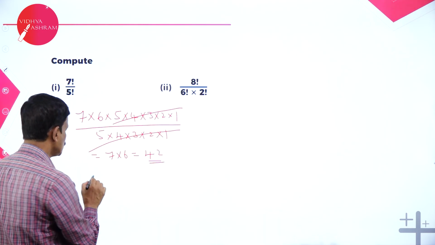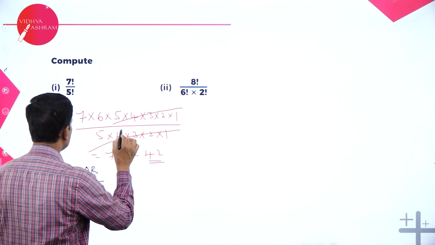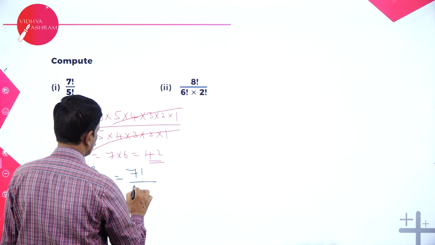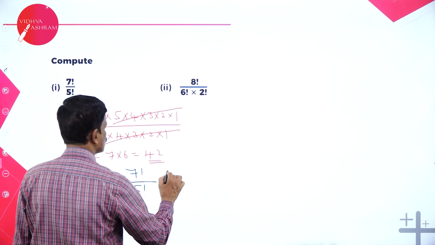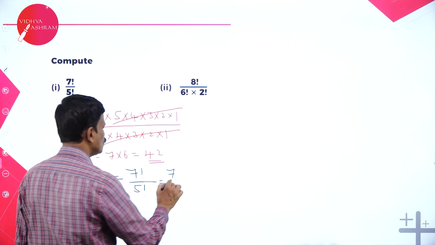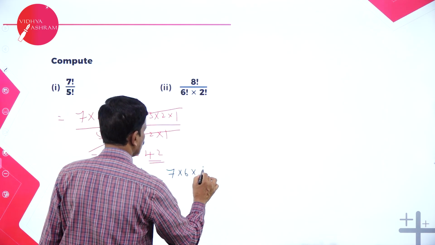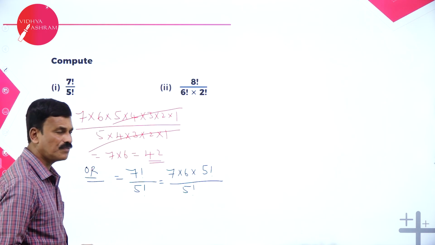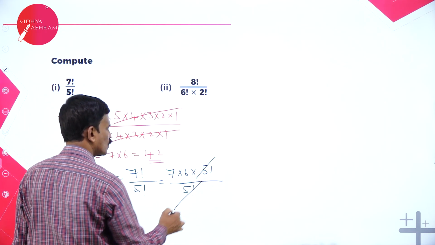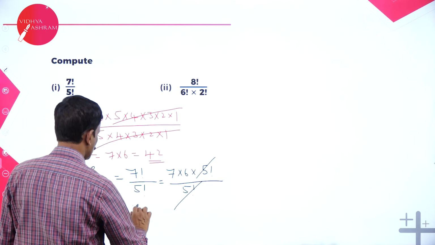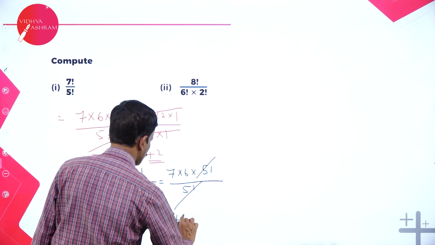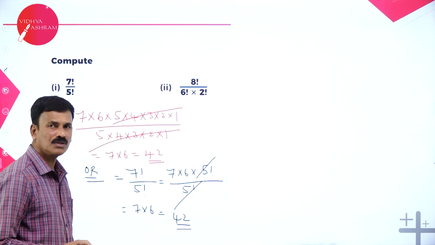Or, the easiest way, we can also simplify this. 7 factorial means 7 into 6 into the remaining 5 factorial, divided by the denominator 5 factorial. So, 5 factorial gets cancelled. What is left over in the numerator? 7 into 6. 7 6s are 42. So, this is how we are going to solve.